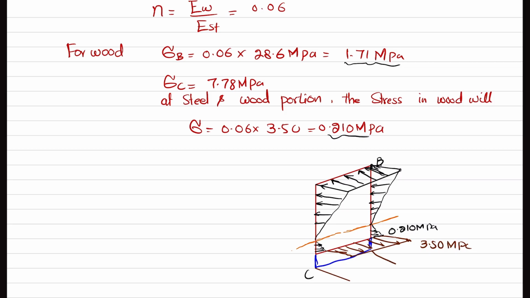So if I draw it like this, 7.78. Your stress will change from this till this. It will be like this. Okay. So we can say that this will be the stress distribution in the steel portion.